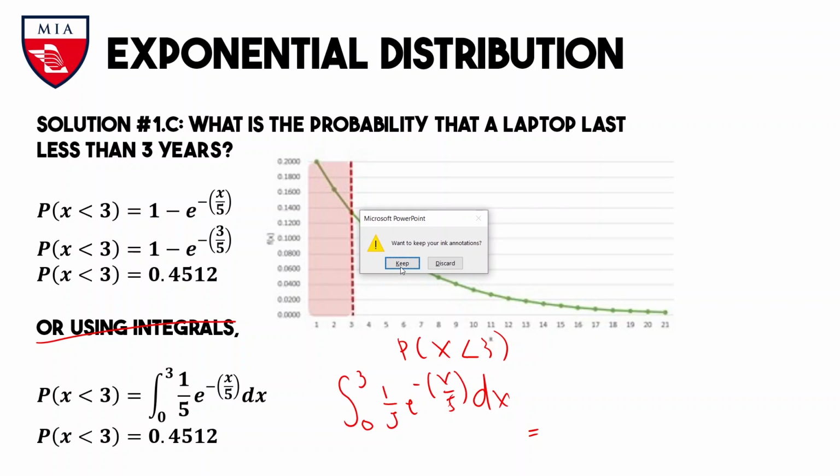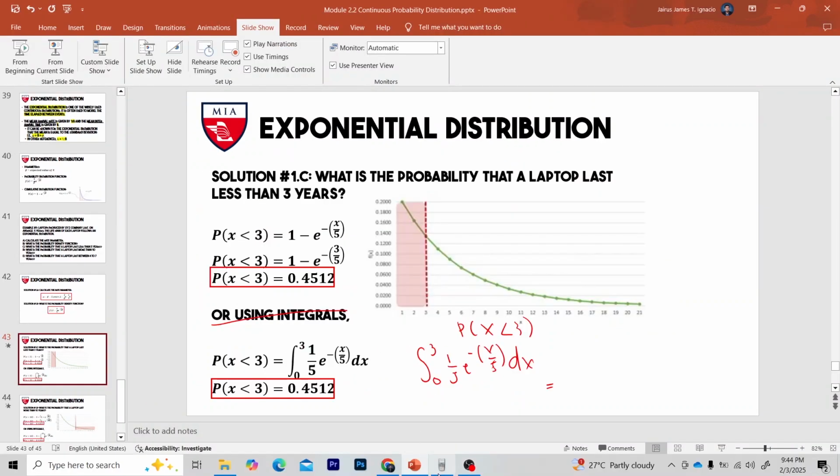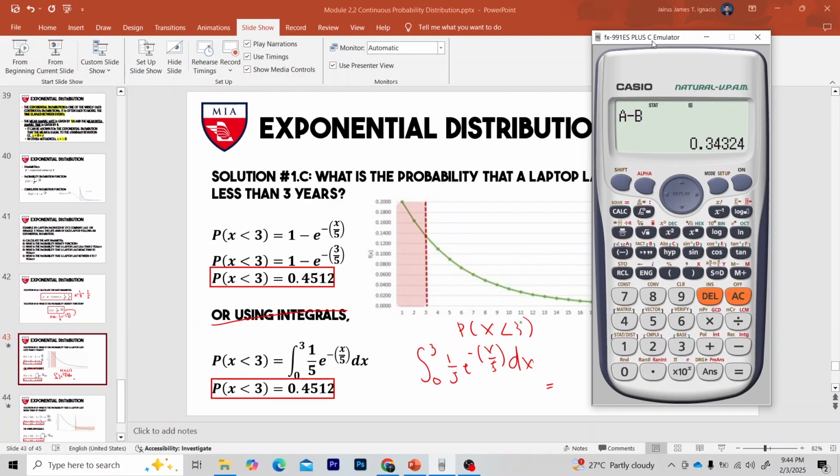Let's show the integral. Let's go back to our mode for the computation. To solve this problem, I press shift and we have the integral here. So we have 0 for the lower limit and 3 for the upper limit.